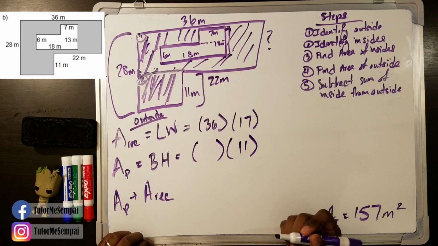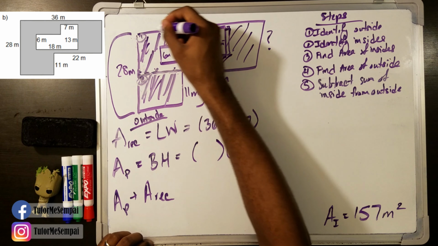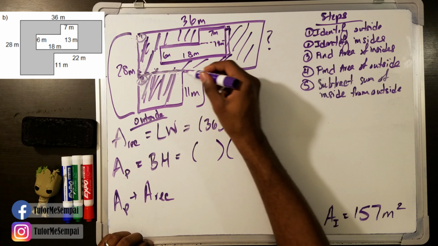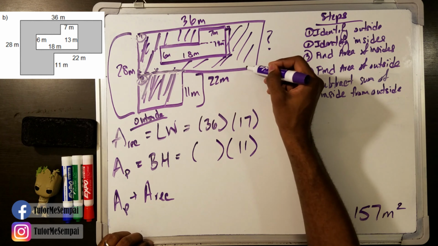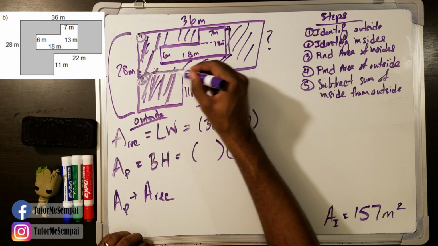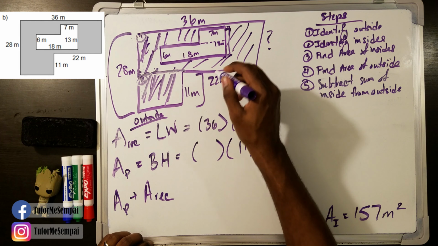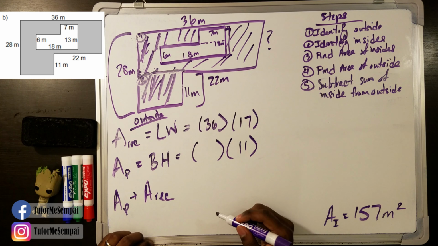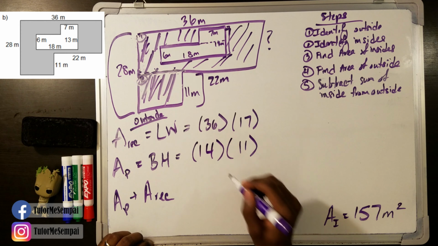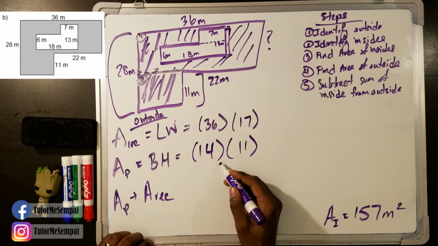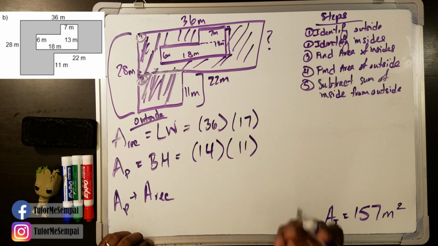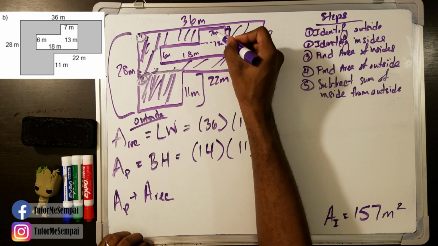And we can find out what our base is because we know this total length is 36, but we know this little piece here is 22. So this is going to be the difference of 36 and 22. So what's the difference of 36 and 22? 14. So you see, this is actually a rectangle. It's not a square like this one was.